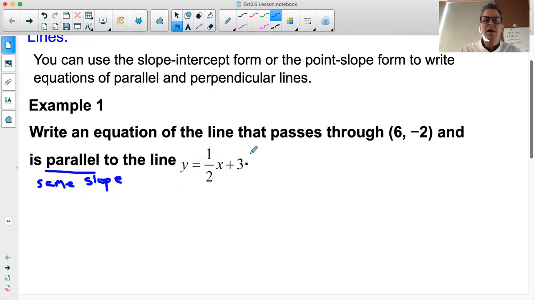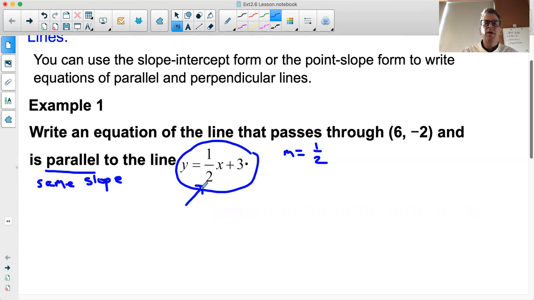So this is the line that we're referencing, okay? So the line that they're referencing is this, y equals 1/2 x plus 3. This is a nice tidy line. It's already in slope-intercept form, and as you can see, it's got a slope here of 1/2. Okay, so I'm going to put that down, slope 1/2.